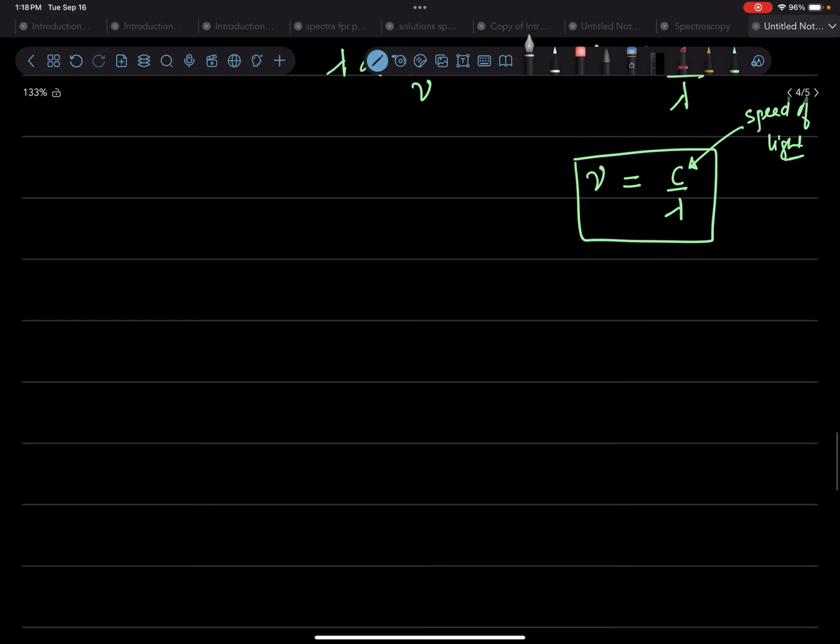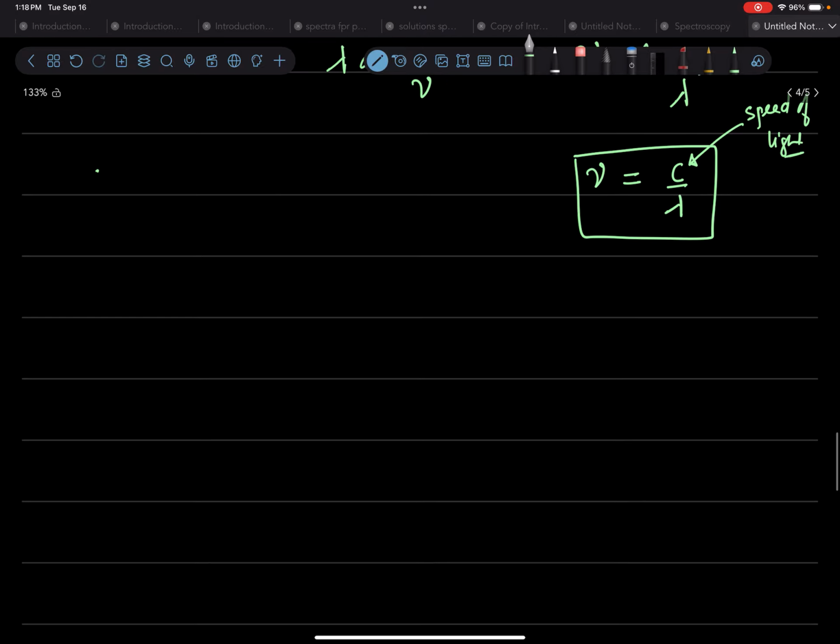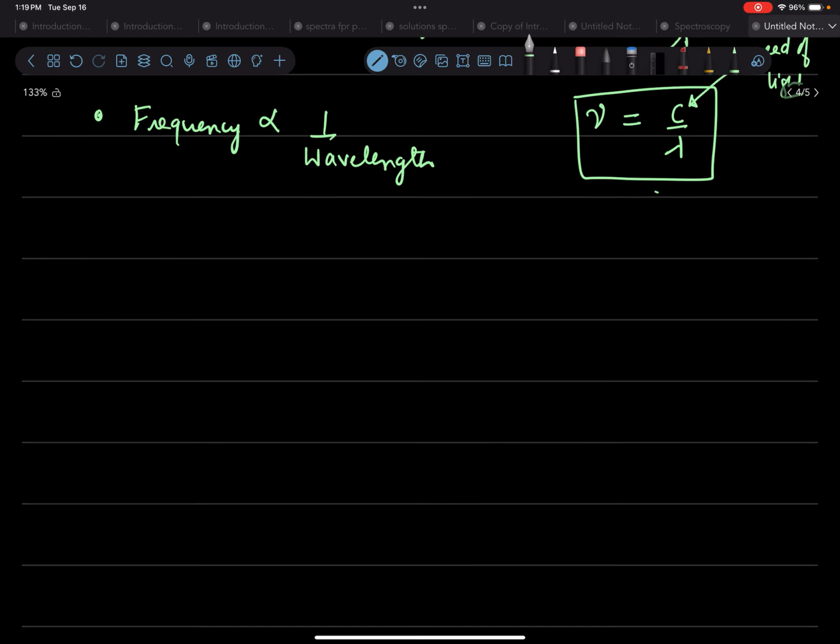Two important things which we concluded: frequency is inversely related to wavelength, which means if wavelength is bigger, frequency would be lesser. The other thing is frequency is equal to the speed of light divided by the wavelength of the wave.